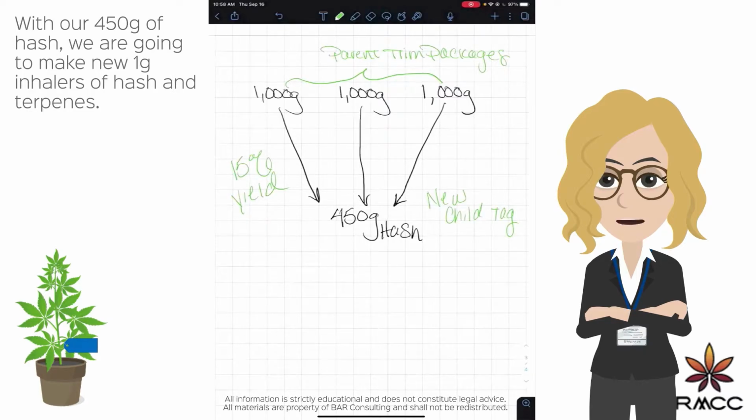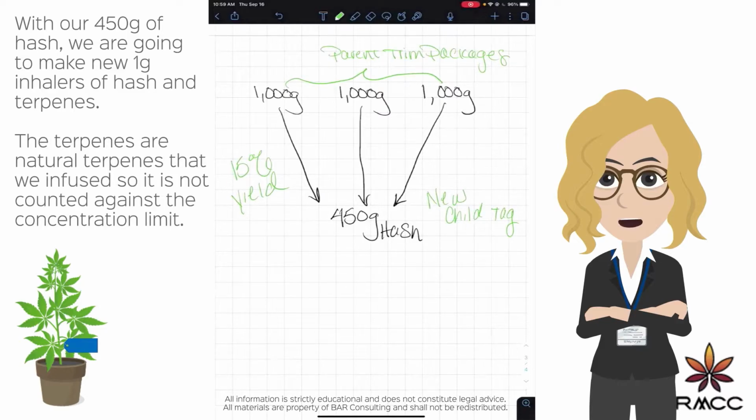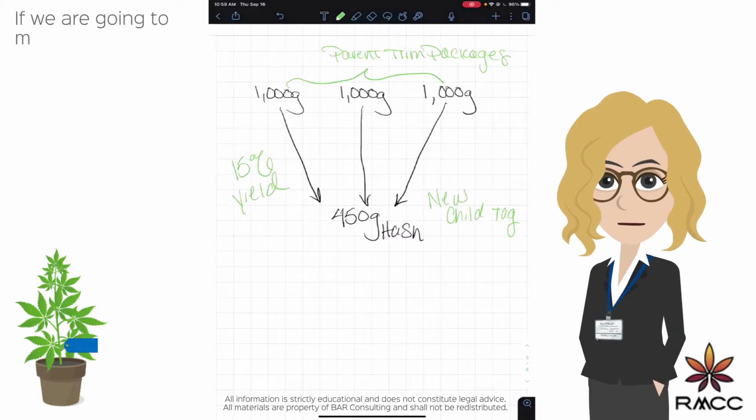With these 450 grams of hash, we're going to make a new product, and that new final form product is an inhaler. And that inhaler includes 1 gram of hash and some terpenes, but those terpenes were natural terpenes that we infused, so it's not counted against the concentration limit.